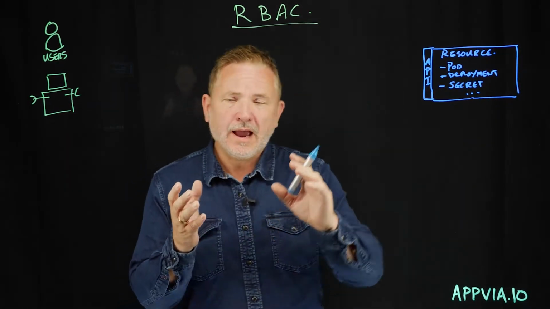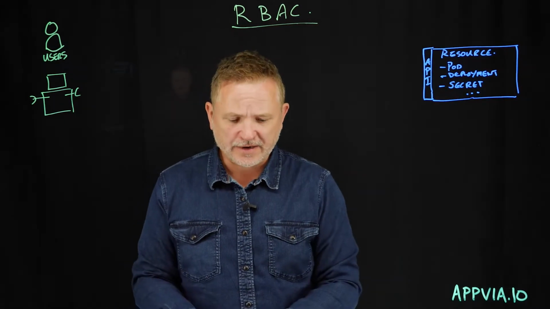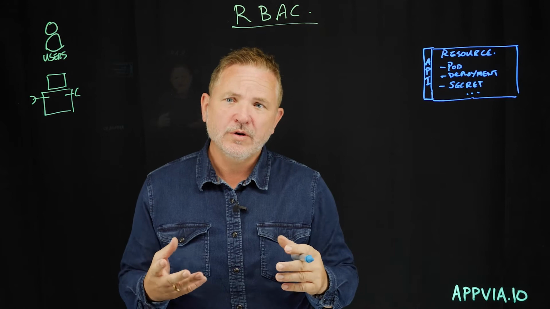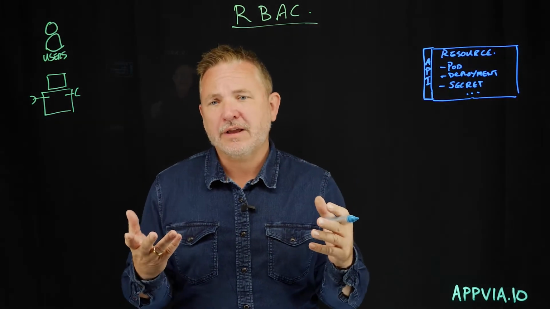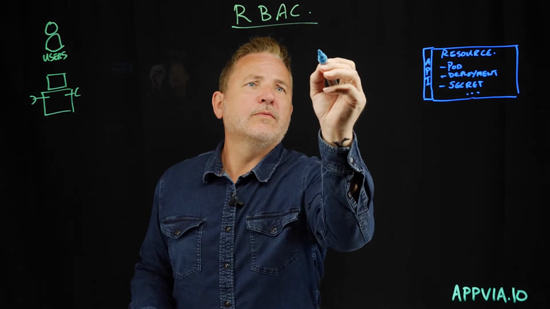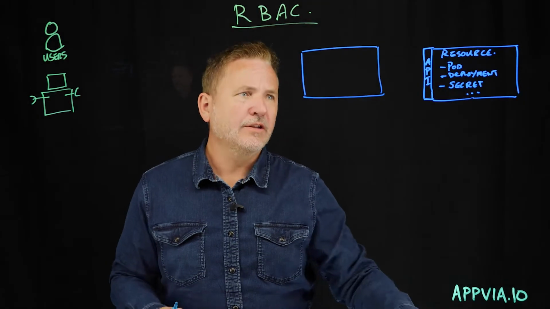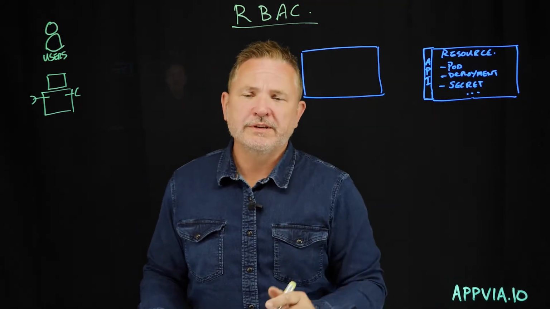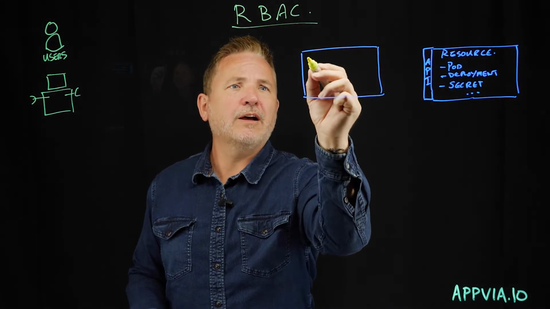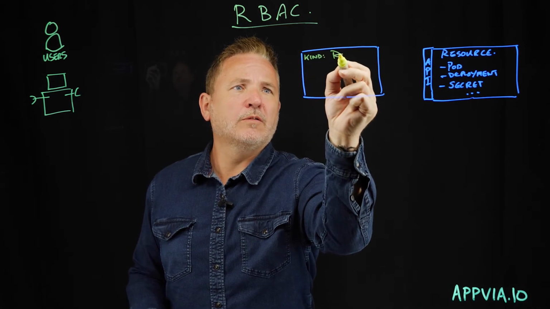So, how do we connect the users to the resources and give them access? So we do that through RBAC, and the first part of that is to define a role. Now, a role is a way that we can define the resource that we're protecting. So first of all, we'll have a kind, which is role.